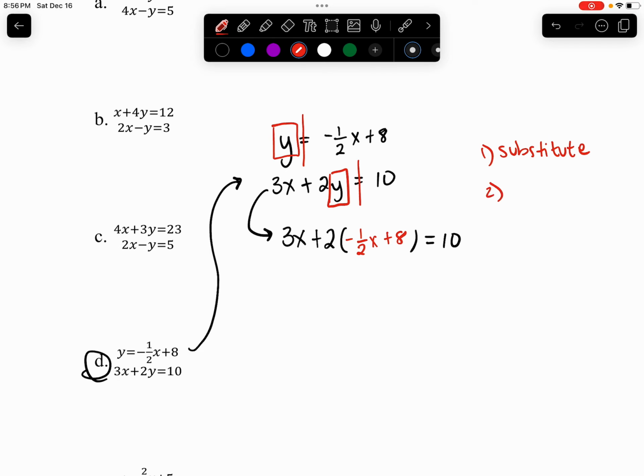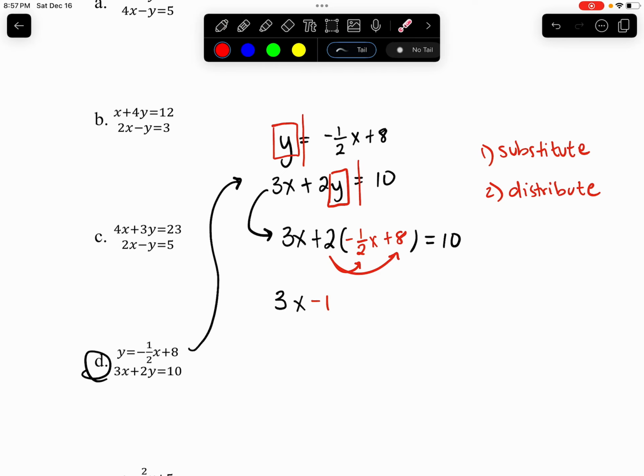Next step, we are going to distribute. So in this case, we have 2 times -1/2, 2 times 8. So let's bring down the 3x plus, since the 2 is the same thing as my denominator, it cancels out here, and we are left with -1.